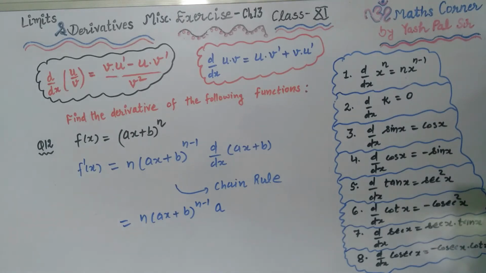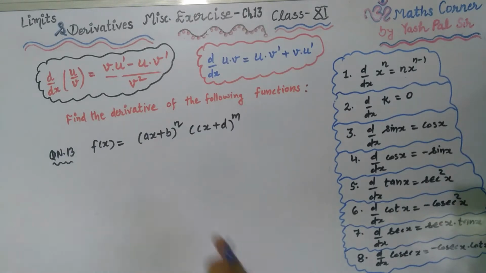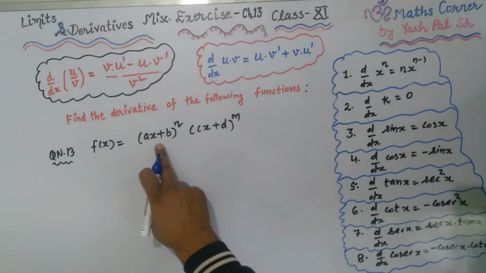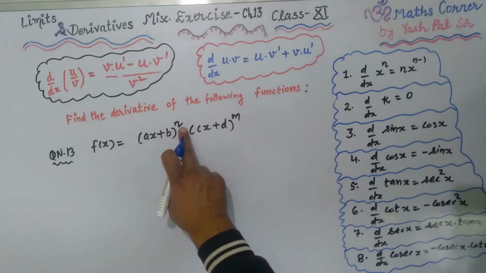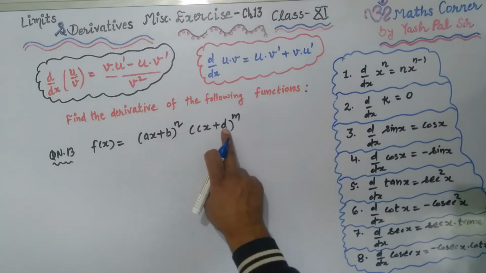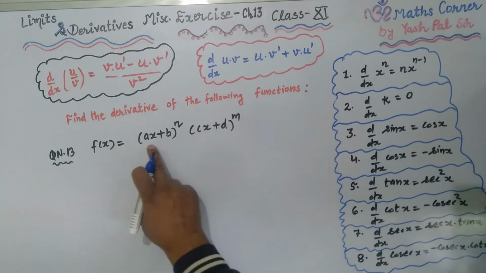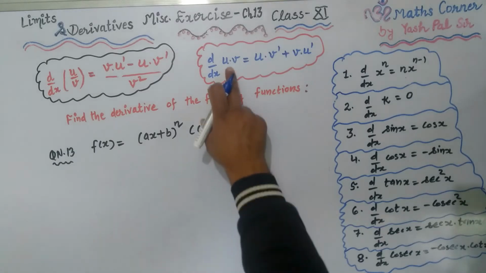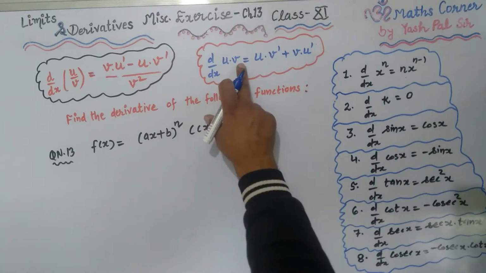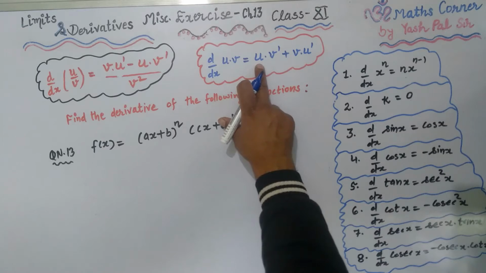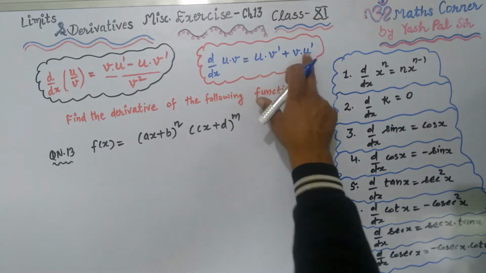Now next question, question number 13. f of x is equal to ax plus b whole power n into cx plus d whole power m. This is the first function, this is the second function, u into v. What is the derivative? u v dash plus v u dash.